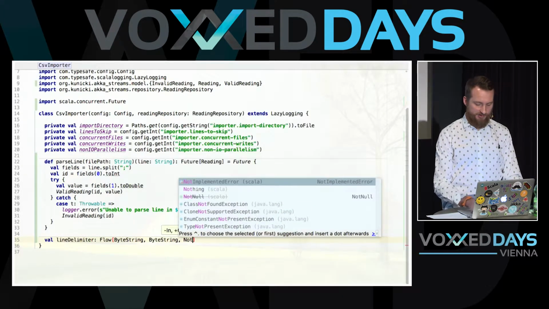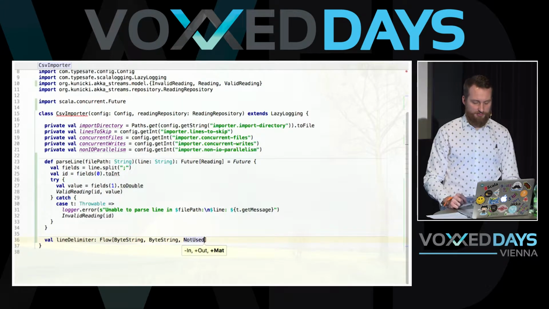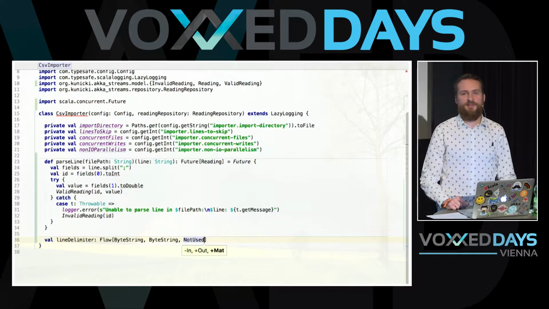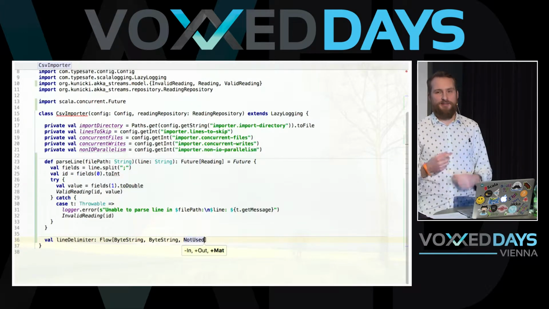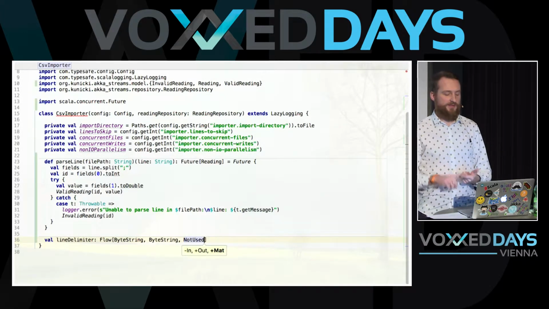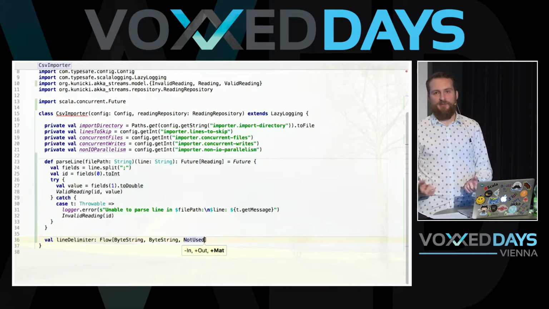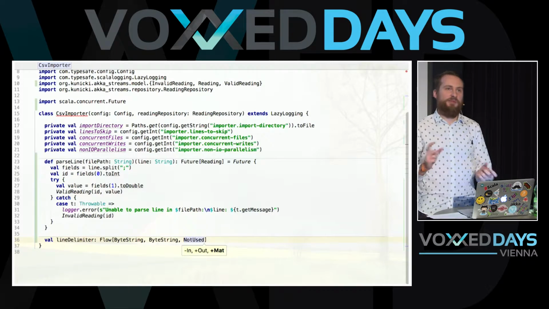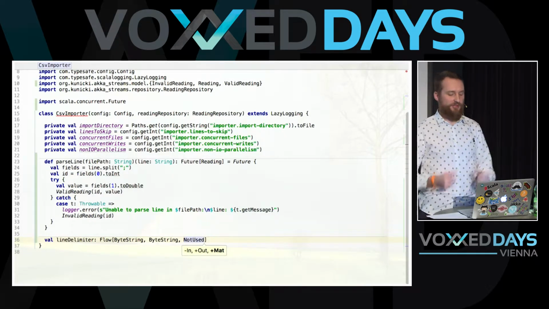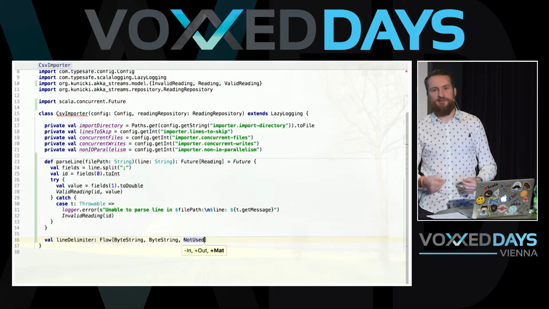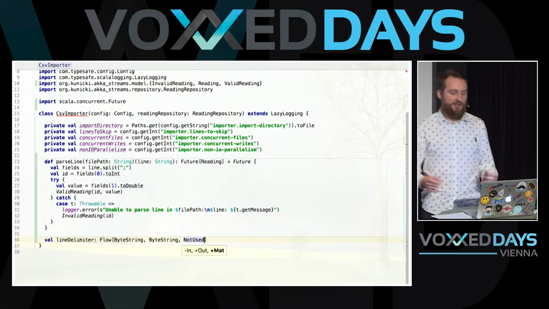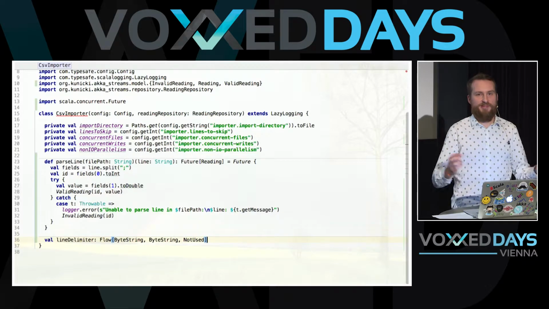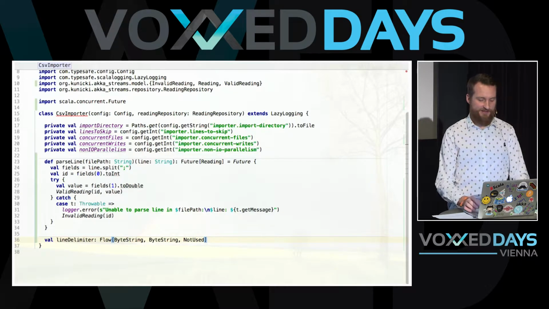And since we won't be using the materialized value here, we would use a type called NotUsed. And NotUsed is basically something that ties together Java's void and Scala's unit. Because Akka Streams also has a Java API, and in Java we have void, in Scala we have unit. They are a bit similar, but also a bit different. So the NotUsed type unifies it, so that the Java API is similar to the Scala one. If you're a Java programmer, it's basically a void; if you're a Scala programmer, it's basically a unit.